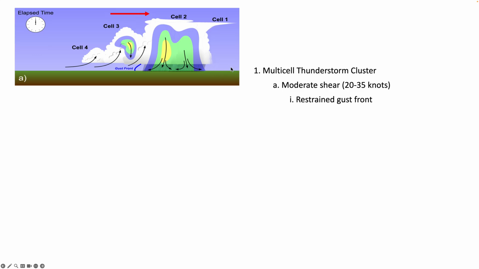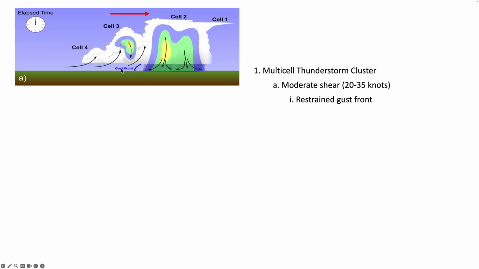We tend to get unrestrained outflow boundaries on that part of the thunderstorm where the outflow boundary is moving in the same direction as the winds. But if we take a look behind the thunderstorm, as the thunderstorms are moving from left to right and our winds are blowing from left to right, what we see is that the outflow boundary, the gust front, basically behind the storm is being restrained by this stronger wind shear, by this more intense wind shear.